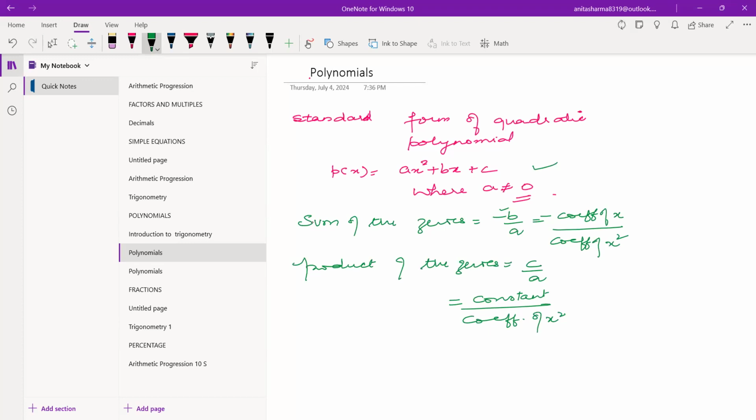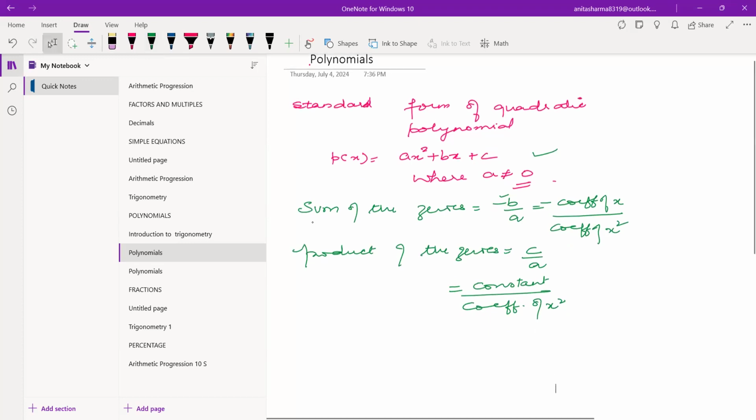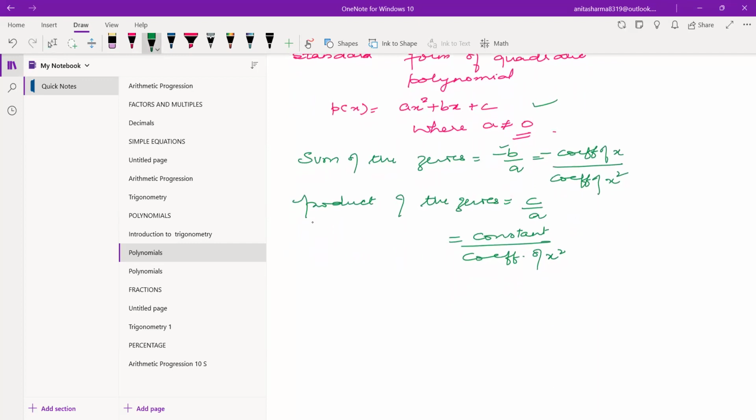Okay, children? Now, the next thing in the polynomial chapter is that you have to form a polynomial when the sum of the zeros and product of the zeros are given.